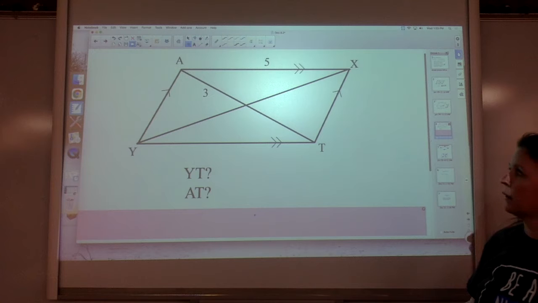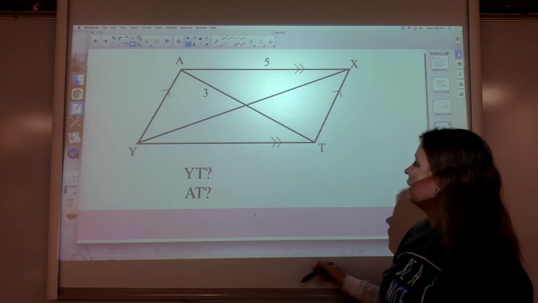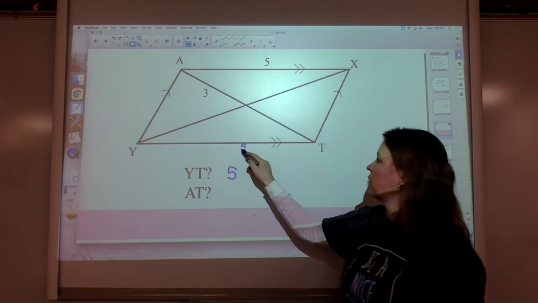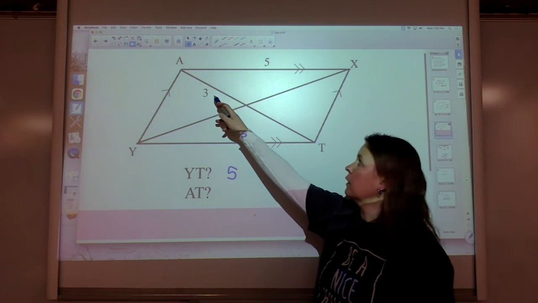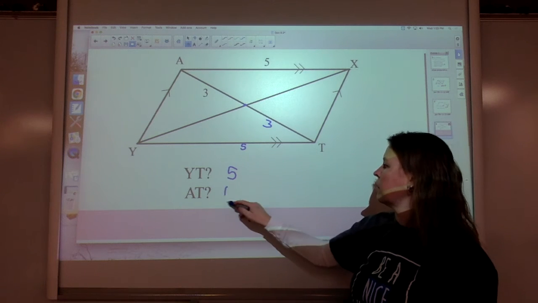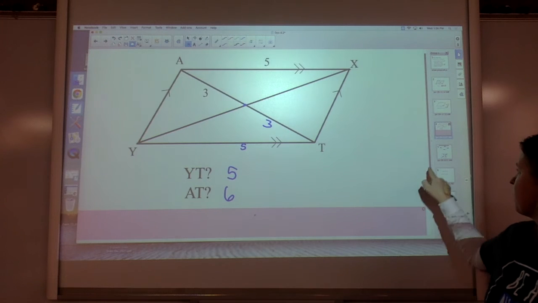Pause it and come back. All right, you're back. Did you decide that YT is also 5? Because opposite sides are congruent. Did you decide that AT, oh careful, A to here is 3, which means here to here is also 3, which means all the way from A to T is 6.